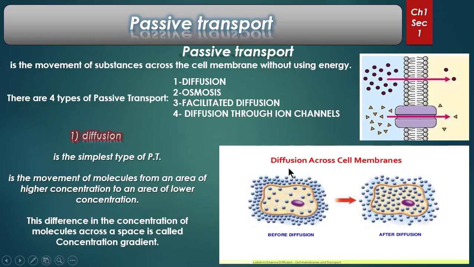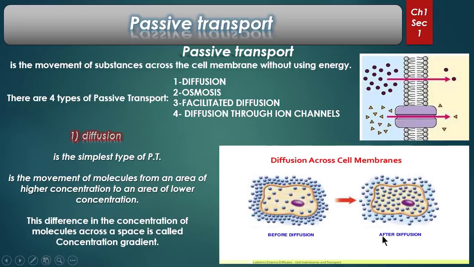Okay, so diffusion across cell membranes. As you see, before diffusion, the particles outside were more than the particles inside. For example, 50 particles outside, but only 10 or maybe 20 particles inside the cell, okay?